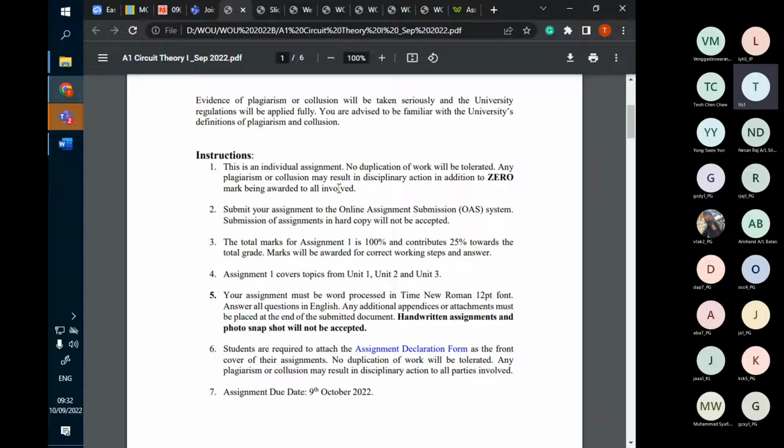Submit your assignment to this AOS. You cannot use a handwritten assignment. Even if you take a photo, it will not be accepted. And you have to use Microsoft Word and Times New Roman 12-point font.